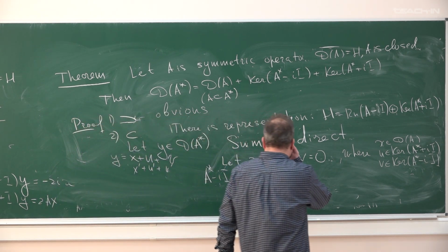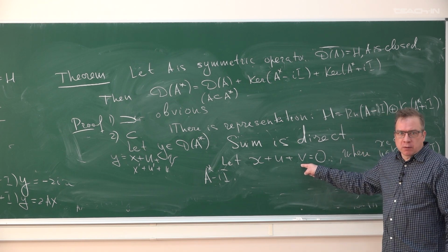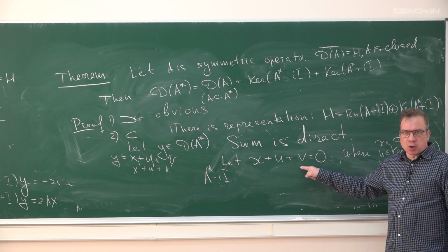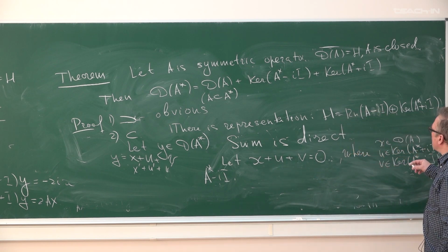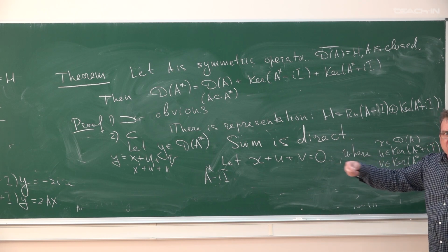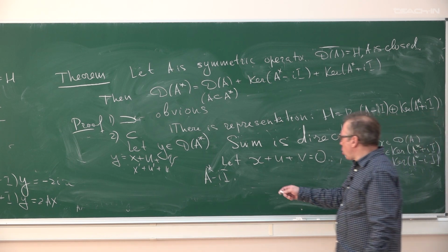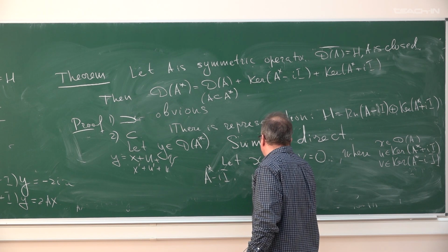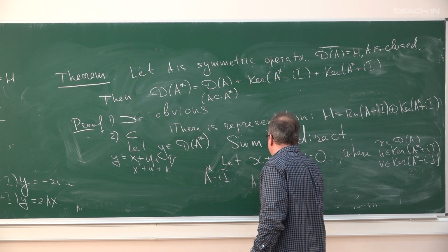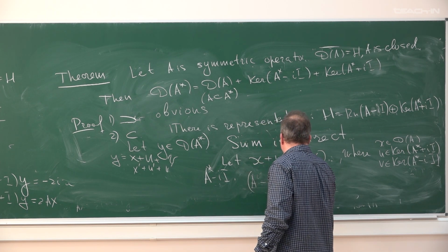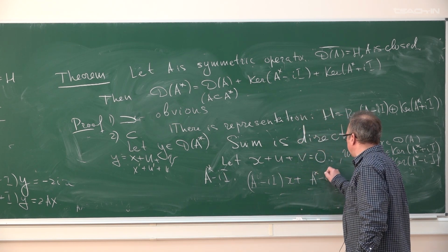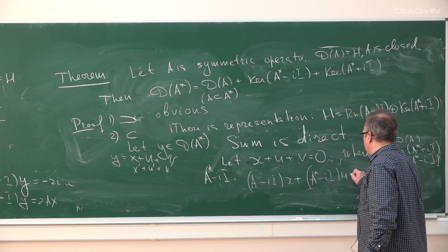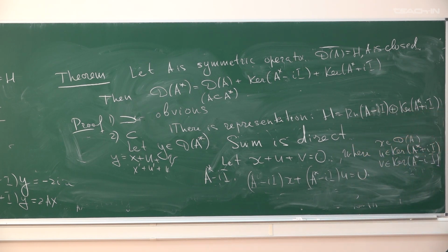So what do we get? v is cancelled, because it is in the kernel. x is from the domain, so on the domain of A we can write A star as A. So we obtain that it is (A star minus I identity) x plus the u term, equals 0.